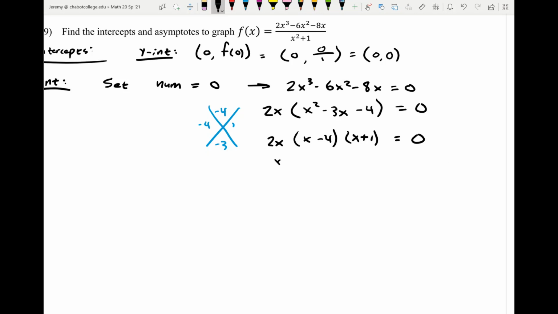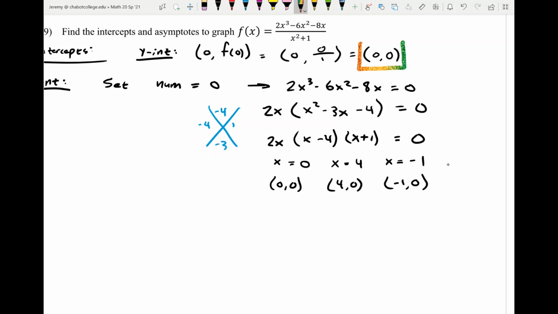So that gives me solutions x equals 0, x equals 4, and x equals negative 1. That gives me x-intercepts at the origin, I kind of knew that one was coming, (4, 0), and (negative 1, 0). Okay, let me box all of my intercepts up here.